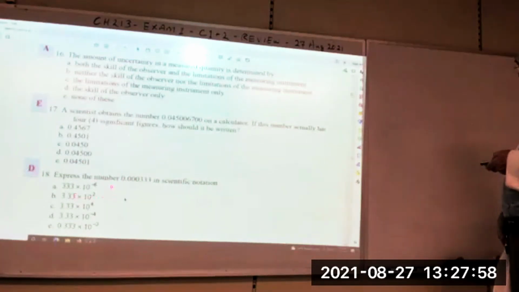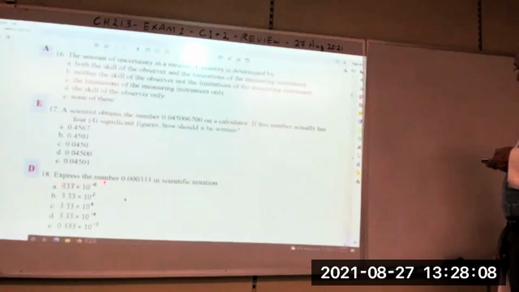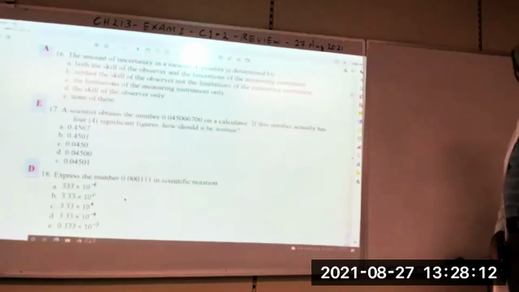If you move the decimal to the right, you're storing up negative powers of 10. Because the coefficient is getting bigger, that means the power of 10 has to be getting smaller. So if you move it to the right 4 places to make the coefficient between 1 and 10, then you've moved it 4 negative positions. So it should be this one right here.